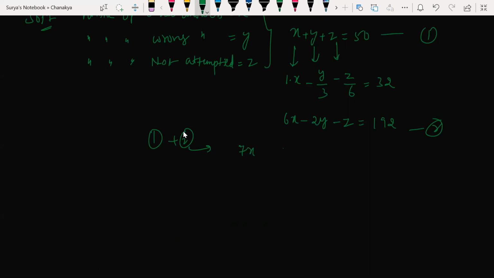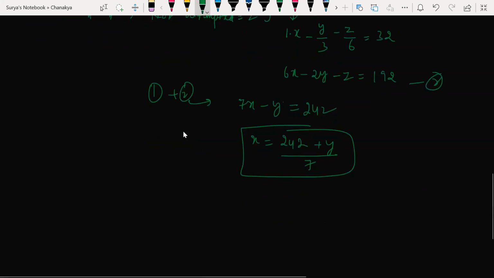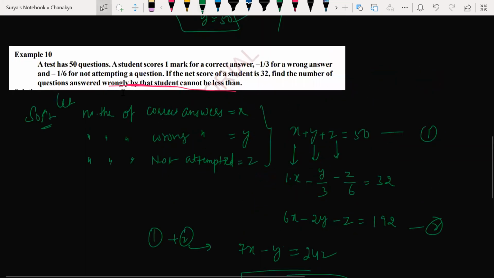So 7x minus y is equal to 242. Am I correct? x is equal to 242 plus y by 7. This is my x value I got. x is nothing but correct answers, right?